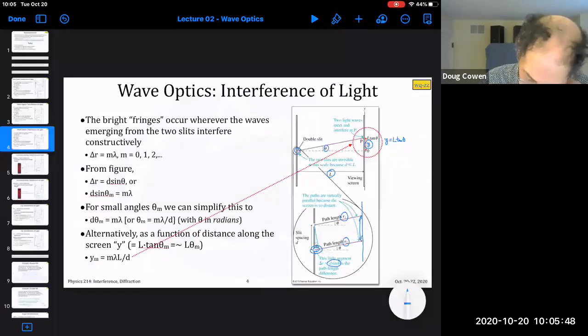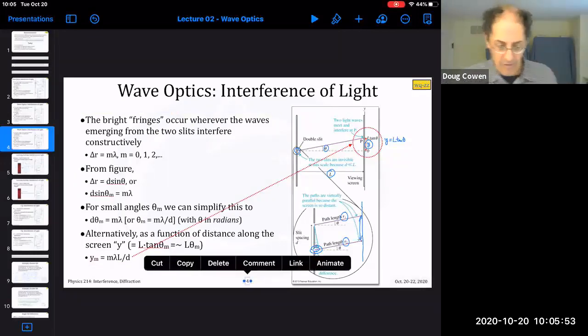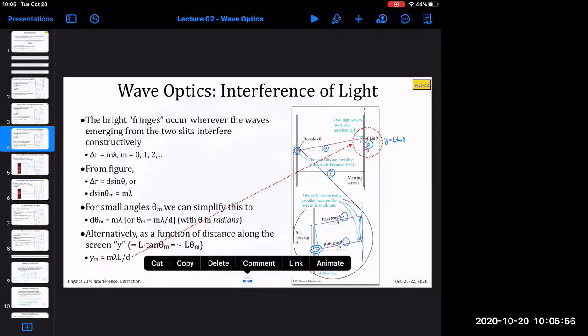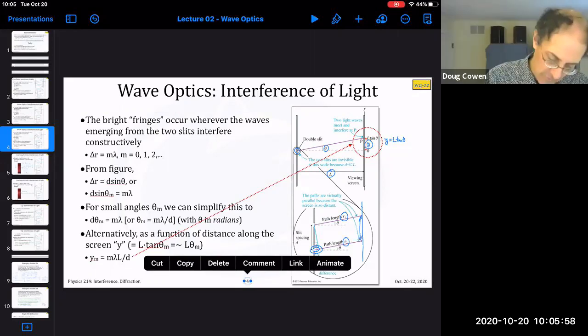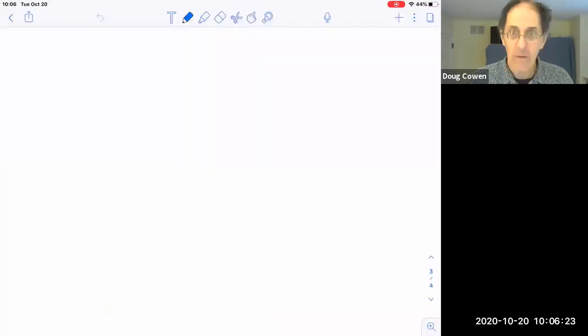Let me try to redraw this. I think the issue might be that you actually need to have them go to the same point far away. Yeah, I think it might be easier to see if, hold on a minute, we can draw it on here. Can you see that? Yes.